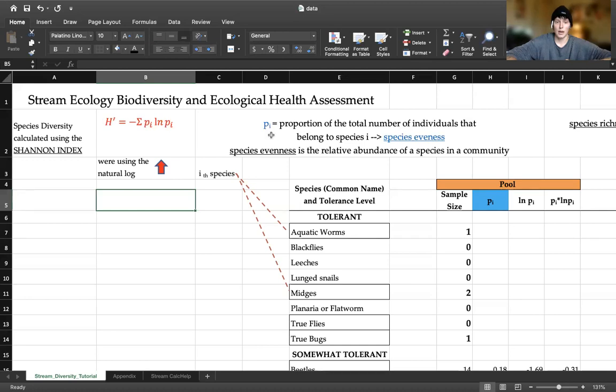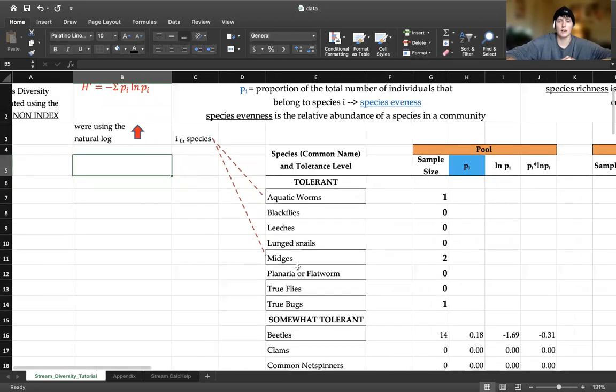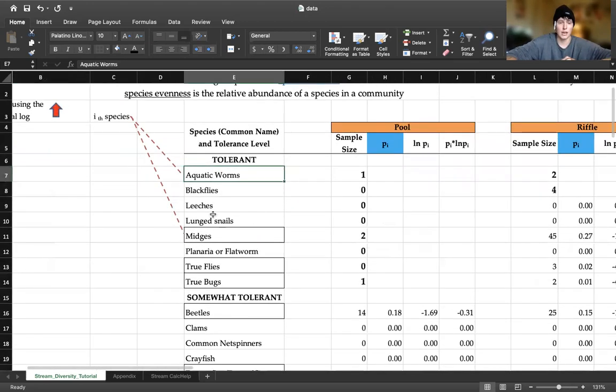The subscript i is referring to the ith species, which is just going to be all of these that I have boxed out. It still includes ones that aren't boxed out, but they're not boxed because there were no occurrences that we saw in the assessment.